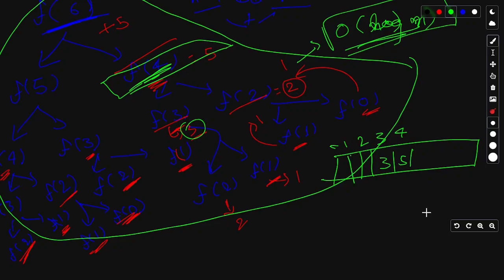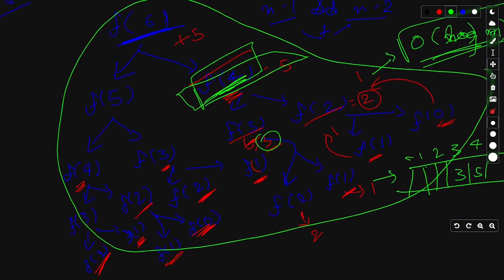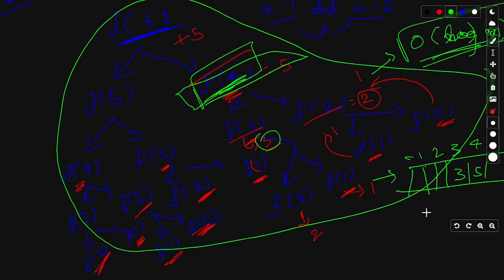We can store all the solutions in an array. And after storing all of these solutions, if f of 4 is being solved, the way things go in recursion is that we first go through the left subtree.